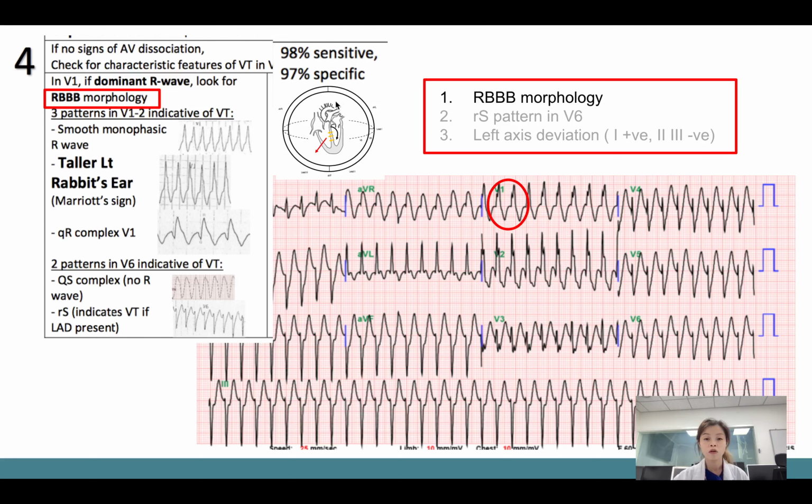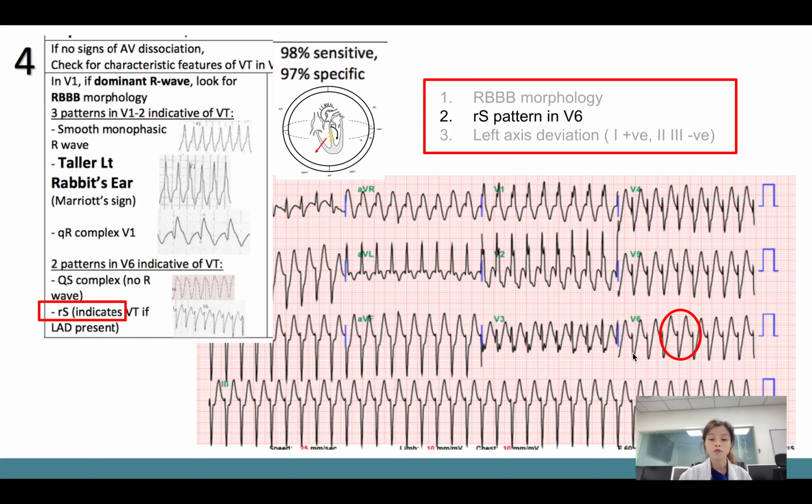This is because for patients with RBBB, we expect the septum would be activated from the left side. So we would expect an initial small positive deflection at V1, that is the small septal R wave, and also a septal Q wave at V6.